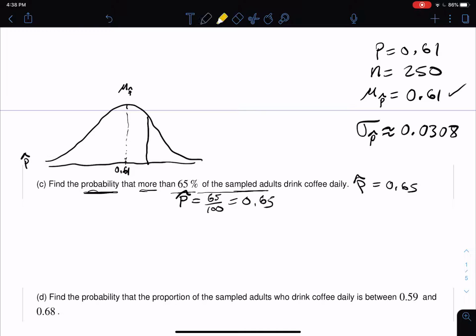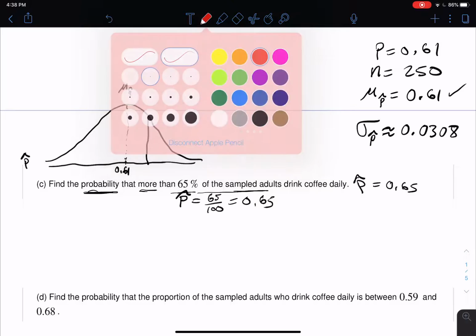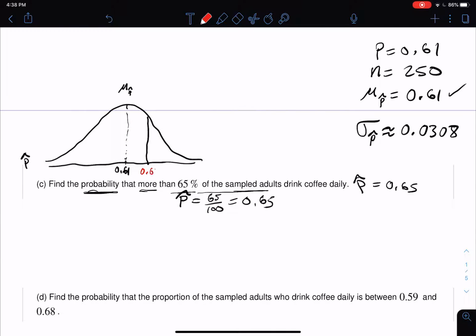I'm going to do that in red, I think. So that is a p hat. And there are a bunch of p hats here, right? But that's the particular one that we're looking at. And we're saying find the probability that more than 65% of the sampled adults drink coffee daily.